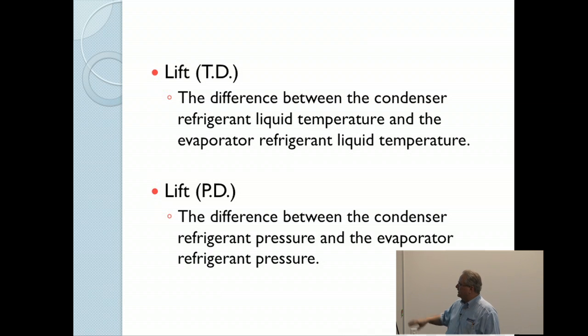The reality is the work is done with the pressure difference, and there's maybe only one problem that may result in a difference between these two. But this lift is how hard your machine has to work. It's the difference between the refrigerant condenser temperature and or pressure, and the evaporator refrigerant temperature and pressure.